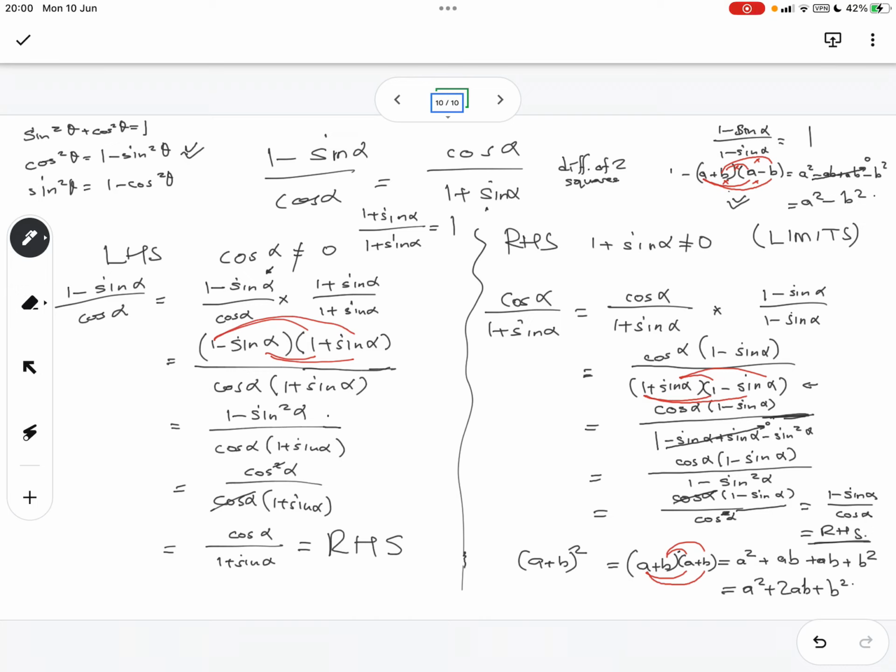Like this one is 3 marks because you just have to identify that using square identity, I'll make the numerator sine squared and the denominator cos squared, and that gives me tan squared, my quotient identity. So it ends there. You can't simplify it further. Then you get your 3 marks.